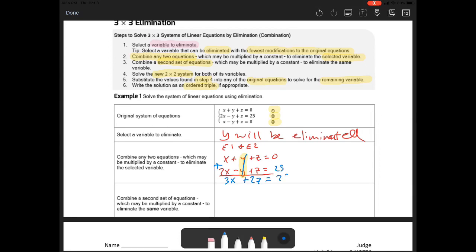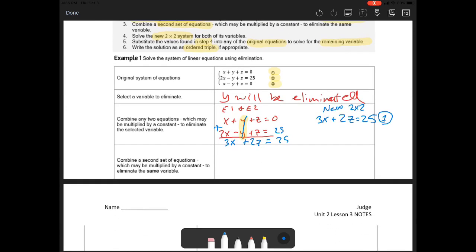I'm sorry, this needs to be a 25. So then it'll be 25. So I have a new 2 by 2 equation, which is going to be 3x plus 2z equals 25. So this is now going to be number 1.